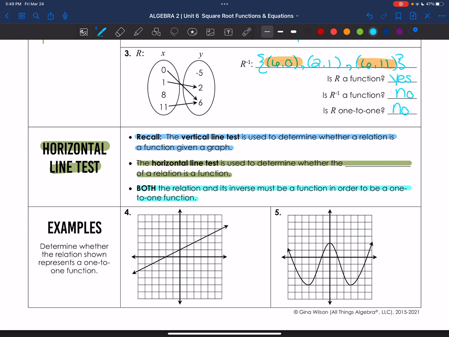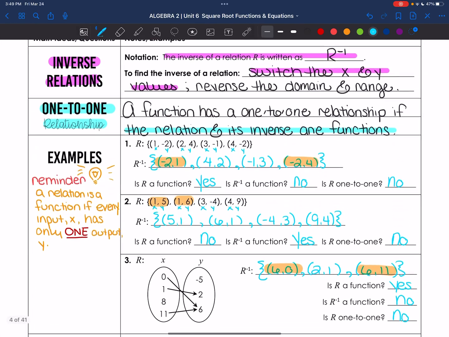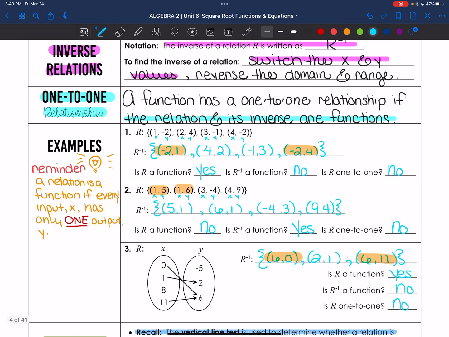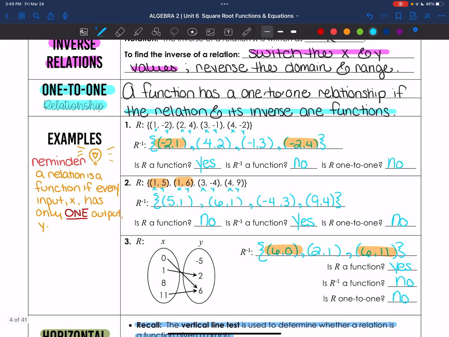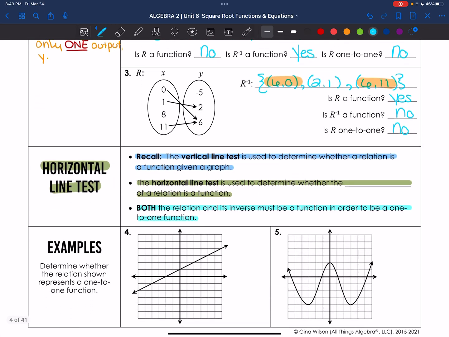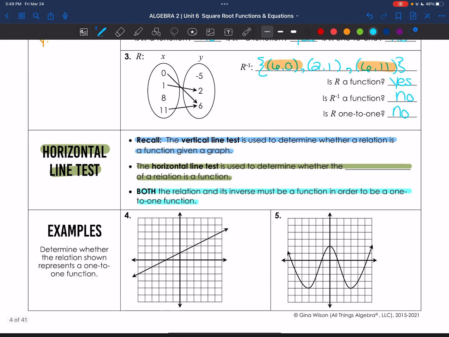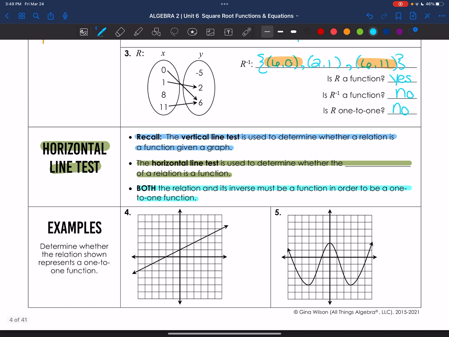Now, this is a good way to assess things when you're given just points, like ordered pairs like we have here. But then there's also, what if we're looking at a graph? And that's where the horizontal line comes in. Remember with me, the vertical line test is used to determine whether a relation is a function given a graph.